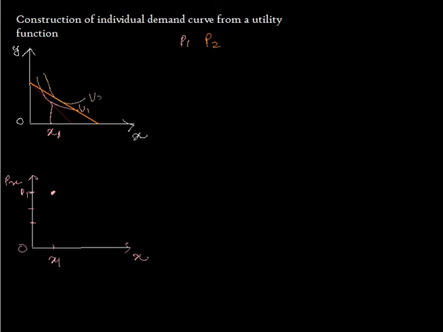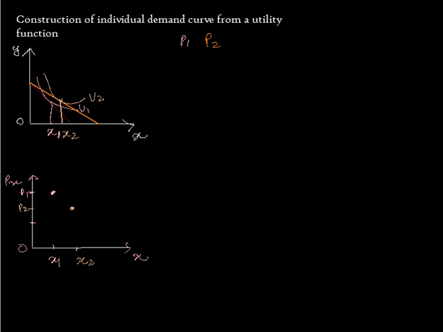It'll be u2. The equilibrium is at the point of tangency with the new budget line, and this much is the amount of x which you are consuming. Suppose this is x2. So at price p2, when price has fallen, the quantity demanded has increased. So this is the new point on the demand curve.